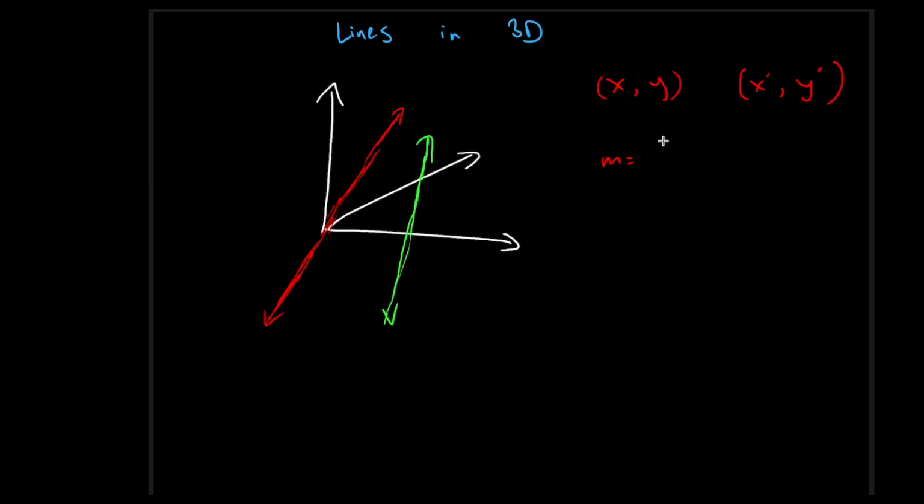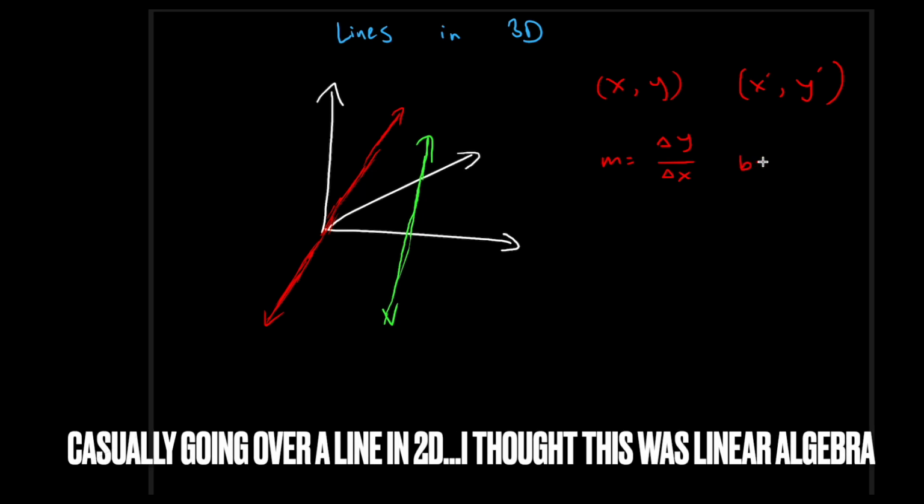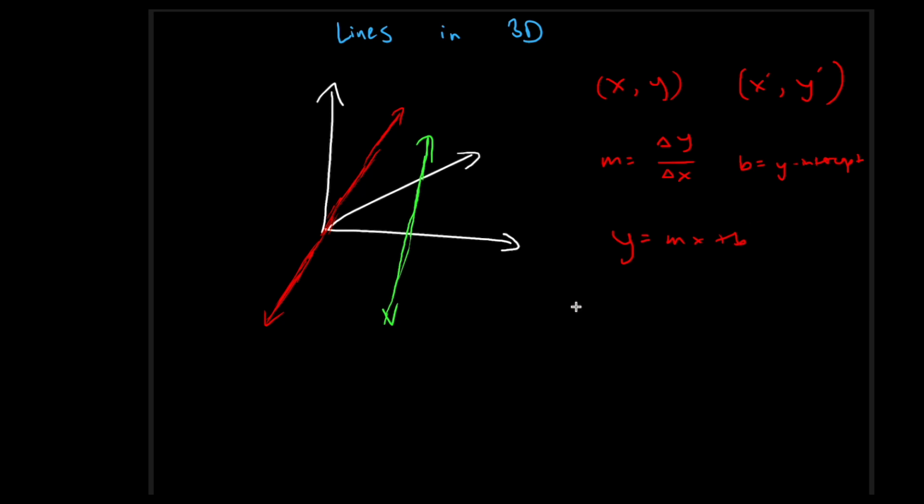So m is just the change in y over the change in x, and then you can find your b value, the y-intercept, and you just end up with y equals mx plus b. So you can write a line like this, just in regular Cartesian form, rectangular coordinates.